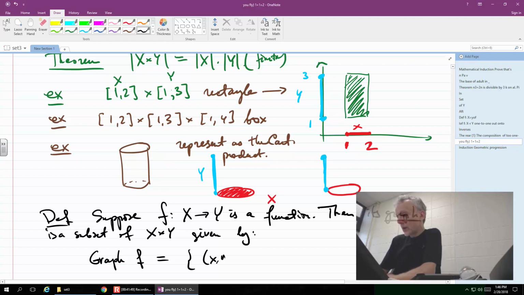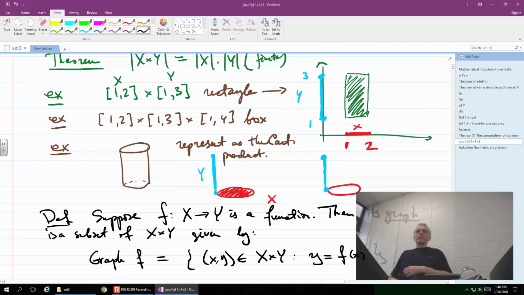So here's (x, y) in x cross y, y equals f of x. So that's the definition of the graph that, whenever it comes up in calculus, that's what you write, except usually x is a real number, y is a real number as well.